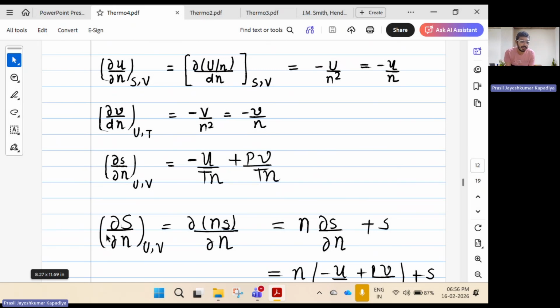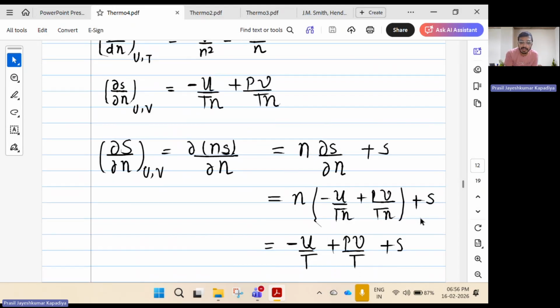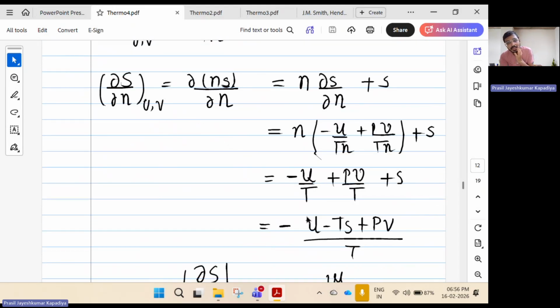Del S by del N at U, V is equal to del by del N of N times s. If I break this down, N remains constant in the first term, del s by del N, plus s remains, since del N by del N is 1. If I put del s by del n from above, minus u by T n plus P v by T n, plus s, I get minus u by T, the u n cancels out, plus P v by T, plus small s.